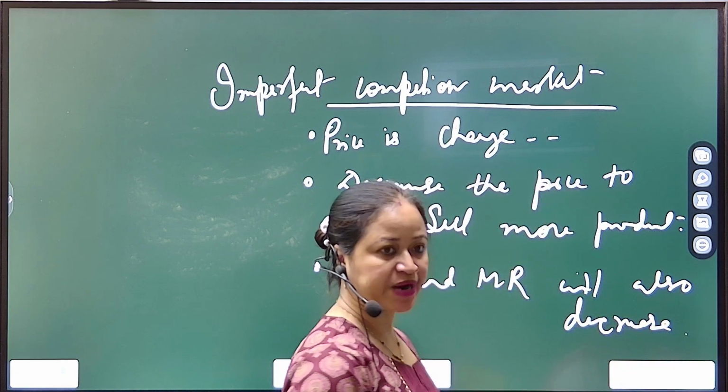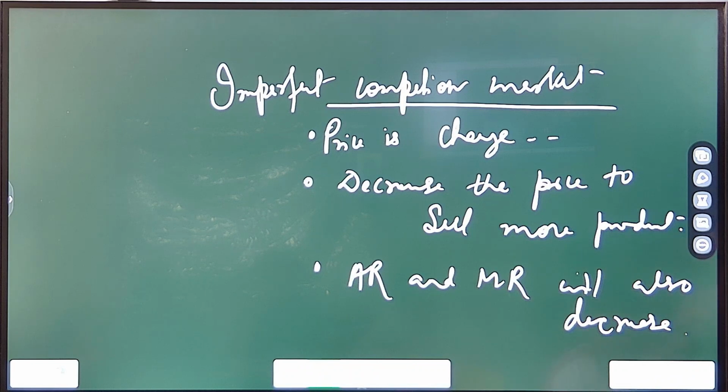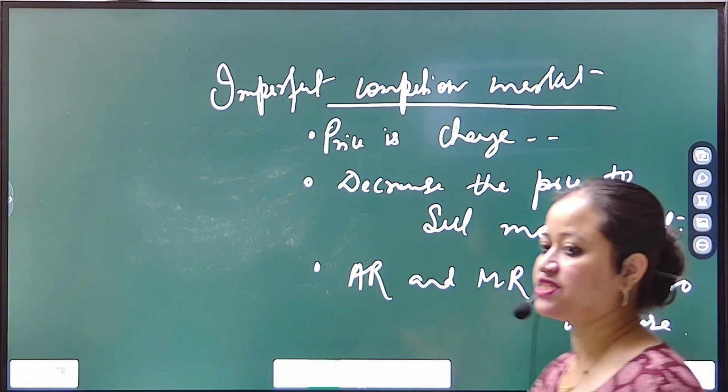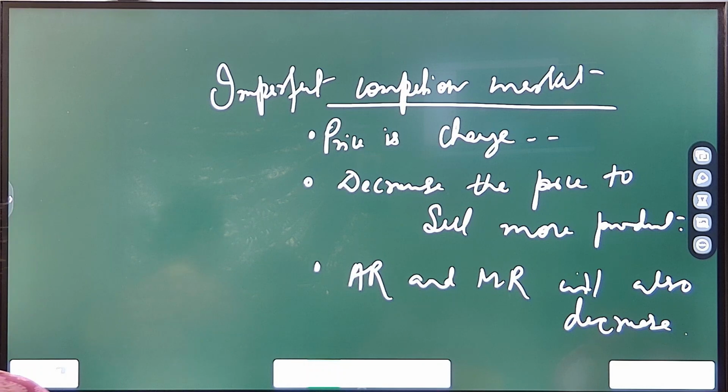So if price is decreased, average revenue will decrease, and marginal revenue will decrease. So total revenue will decrease, average revenue will decrease, and your marginal revenue will also decrease. Fine.